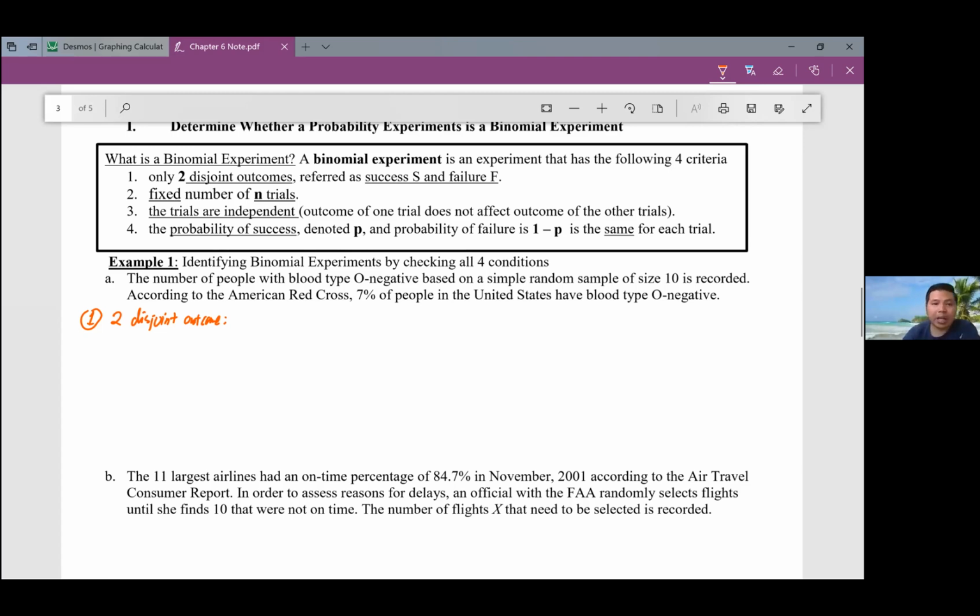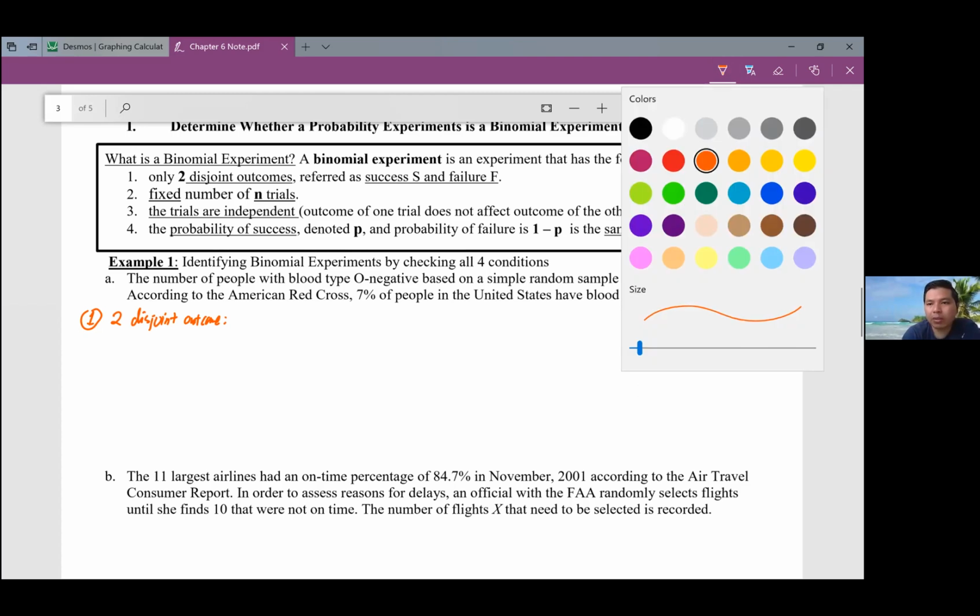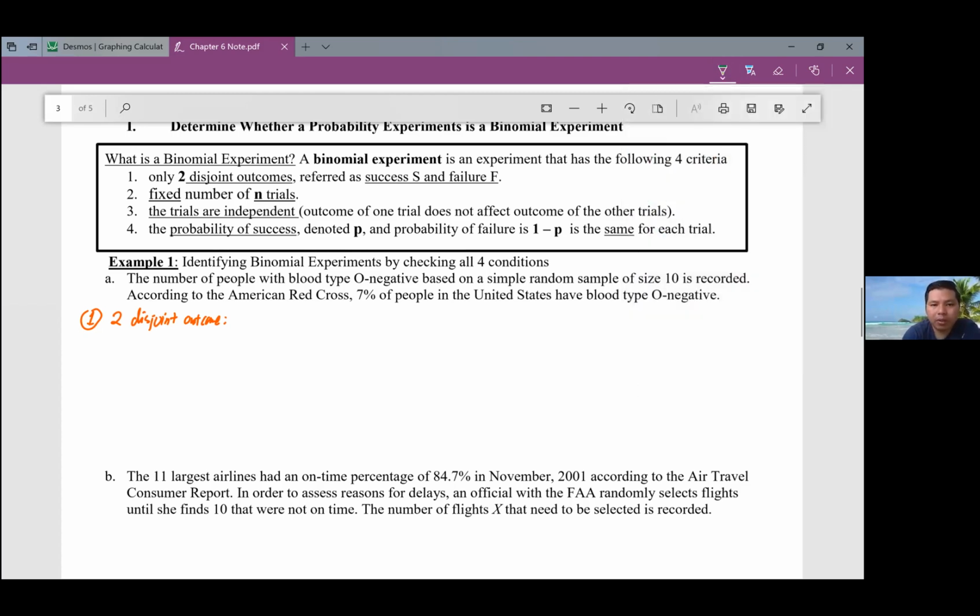So you can see here, what are we looking at? We're looking at whether we have type O negative or not type O negative.